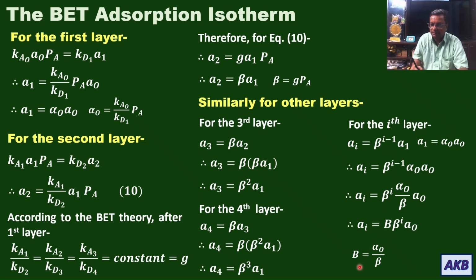In this case, capital B is alpha naught divided by beta. I hope you have understood each and every step. If you have any doubt, please mention that in the comment section. Let us move on.